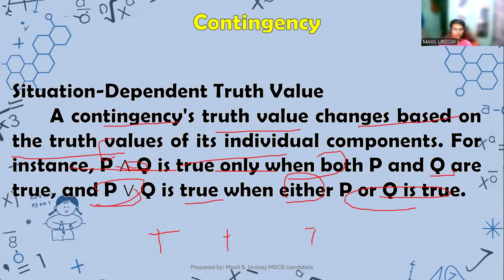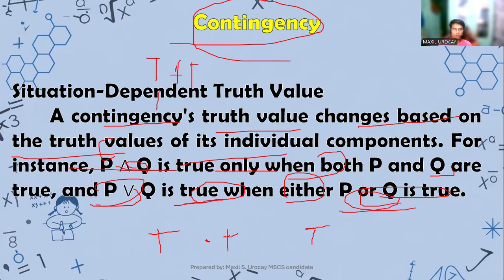But for P or Q, for a contingency, it is true if either is true. I stand corrected. Now for P or Q, it is true if either P or Q is true. So at least one, di ba? So for times, true and true makes true. But for plus, at least one. True, true, plus true, then true, false, and false, true. Diba? That's how it works.